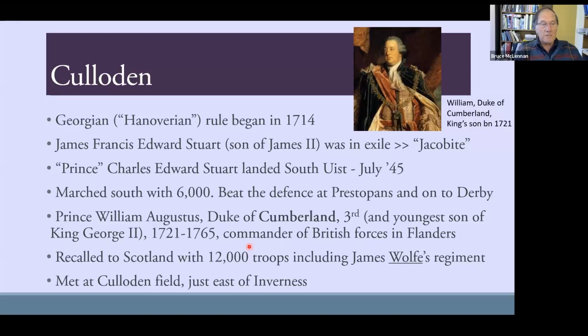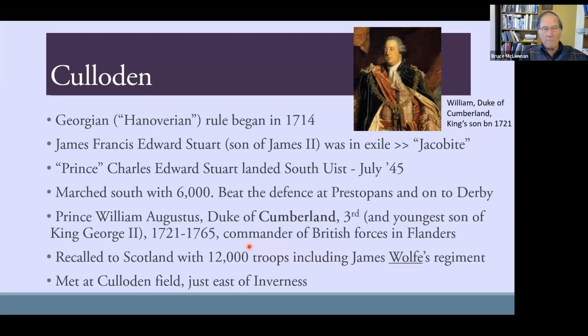And his son, Prince Charles Edward Stuart, known to many of you, arrived in South Uist, a place called Eriskay. I've been there. It's just a nice little beach, really. There's a little marker there to say this is where Prince Charles arrived in Scotland to start the Jacobite Rising of 45.